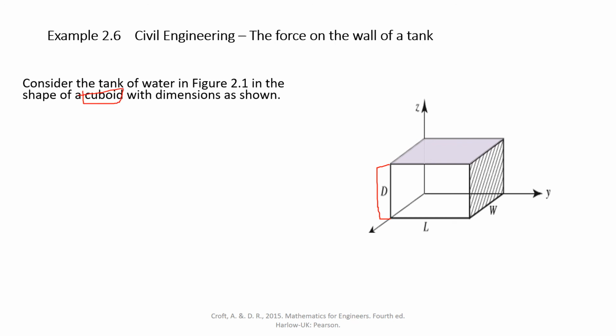Cuboid means that all these sides are the same, L equal to W, and W equal to L. Anyways, for certain calculations we are using L and W, otherwise concept-wise they are the same.